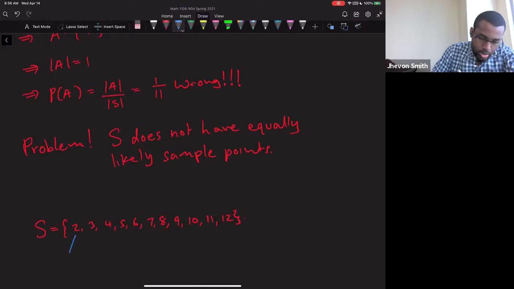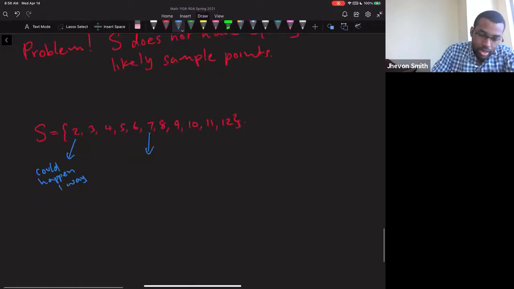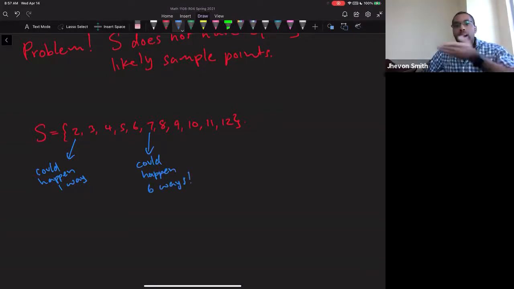the 2, for example, could happen one way, right? Whereas something like the 7 could happen 6 ways, right? They're not the same. When I write them out in this list, it's like I'm equating the 2 and the 7. Oh, I just have to worry about getting a 2 and a 7.